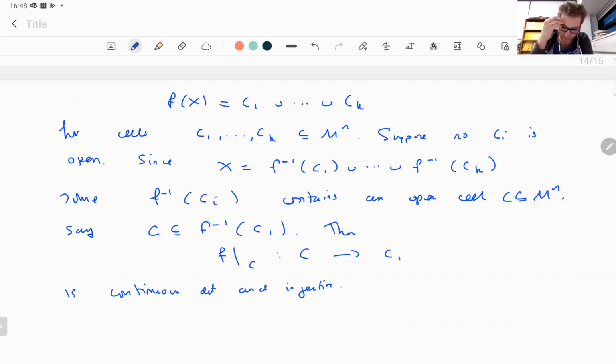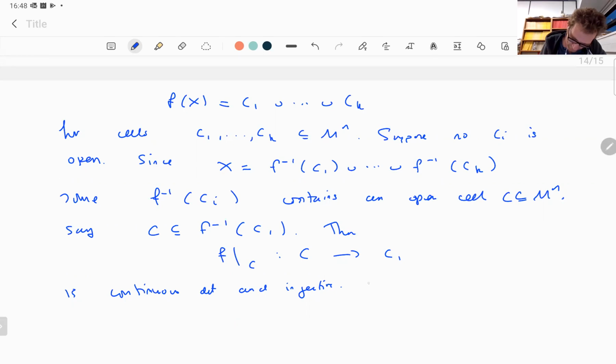Okay, now remember that an i1 up to in cell is definably homeomorphic to an open cell in M to the i1 plus up to plus in. And in expansions of fields, open cells are definably homeomorphic to the ambient space.